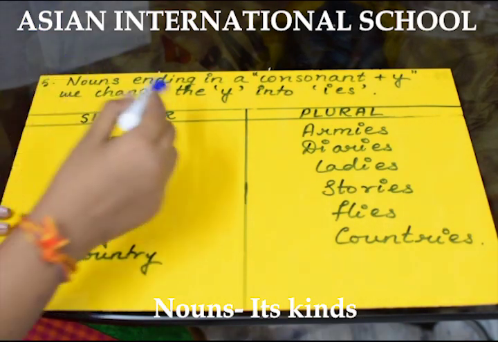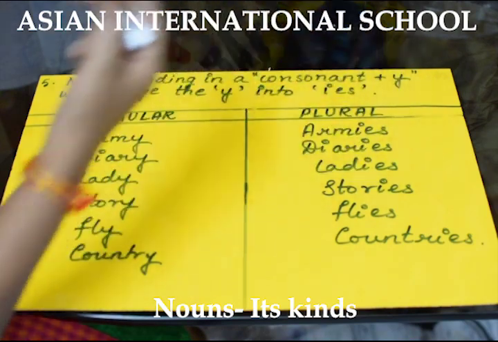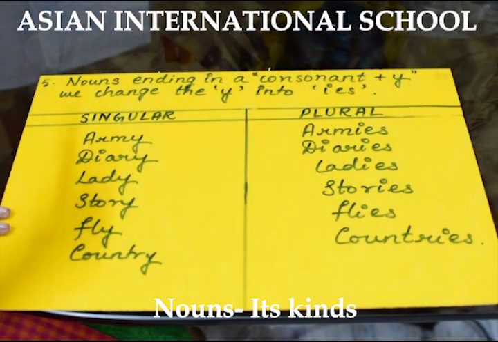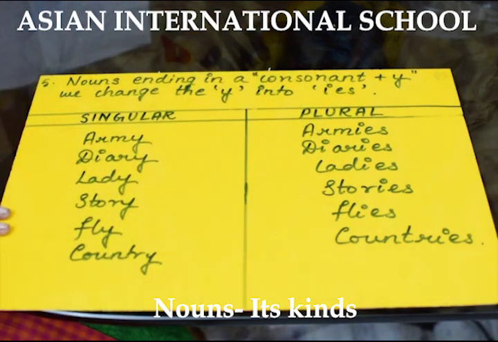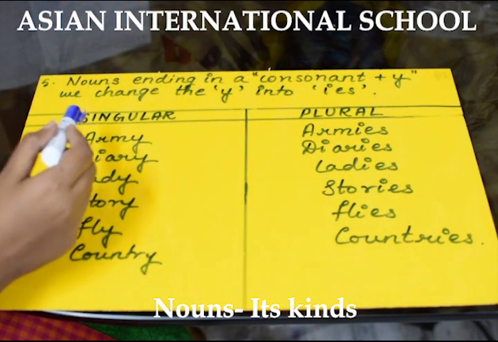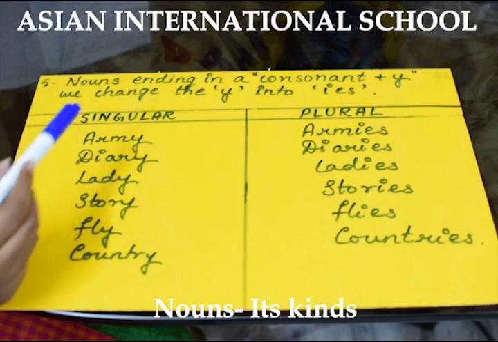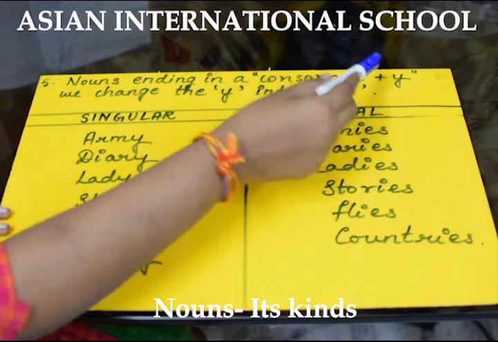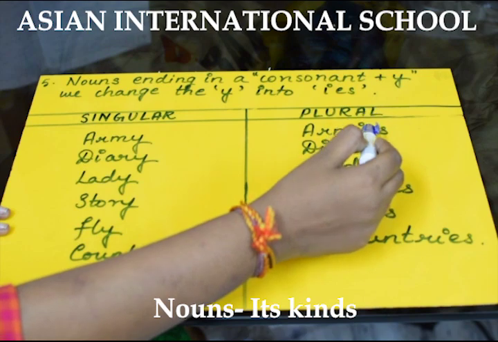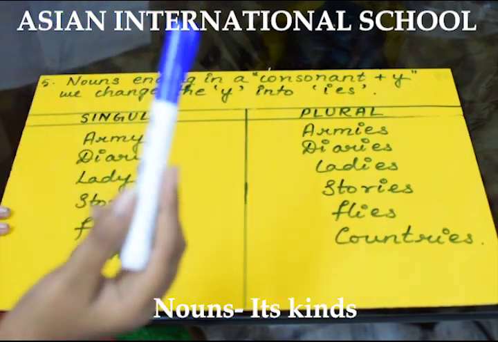Now, point number 5. Nouns ending in a consonant plus y, we change the word from singular to plural by changing the y into ies. For example, army. Here m is the consonant followed by y. In this case, we remove the y and we add ies.